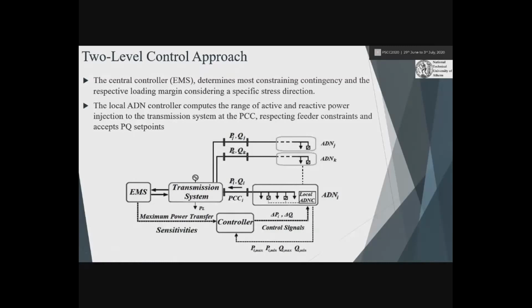In the EMS, for each snapshot taken by the state estimator, a voltage stability assessment problem is solved, and for each solution we can calculate the maximum power transfer and the sensitivity coefficients, which are then transferred to the local active distribution network controller in order to regulate its components and calculate the active and reactive power injections that need to be injected to the transmission system in order to maximize the loadability margin of the transmission system.